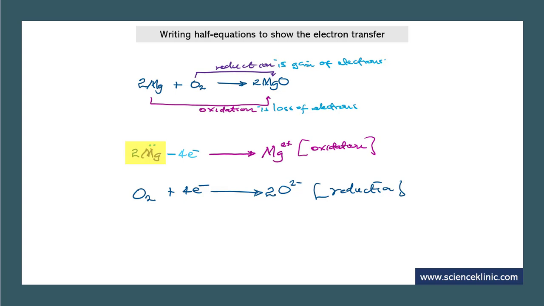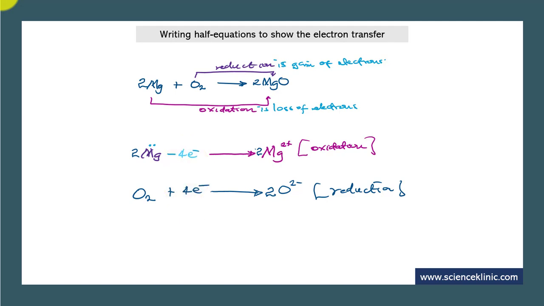And here, when we have 2 atoms of magnesium, definitely we must have 2 ions of magnesium at this side as well. So you will see that the equation is balanced now, because we have 4 electrons being lost by magnesium here, and 4 electrons being gained by oxygen at the other side here.